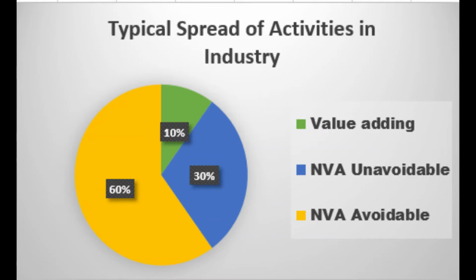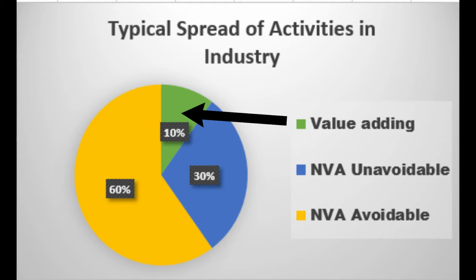Now, this is a typical spread of activities in any random industry. Don't just get stuck with the figures. This is a schematic representation of the proportion of the three categories of activities that are there in any process. What are those three activities?